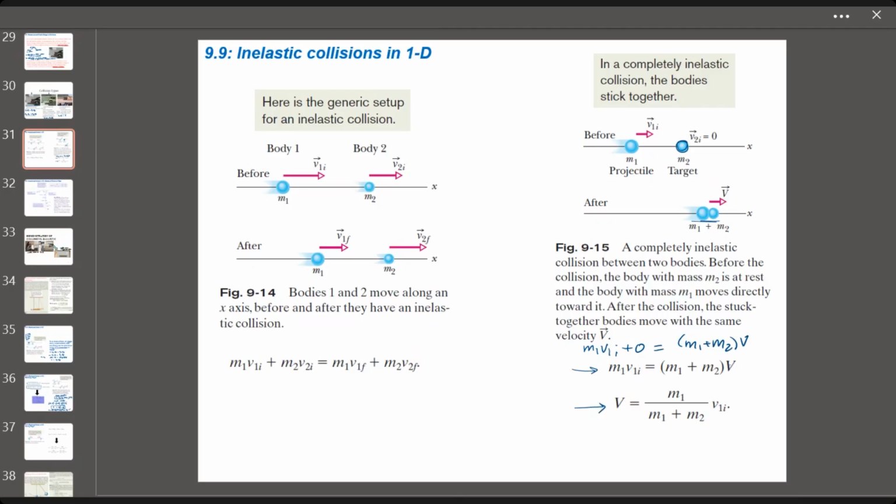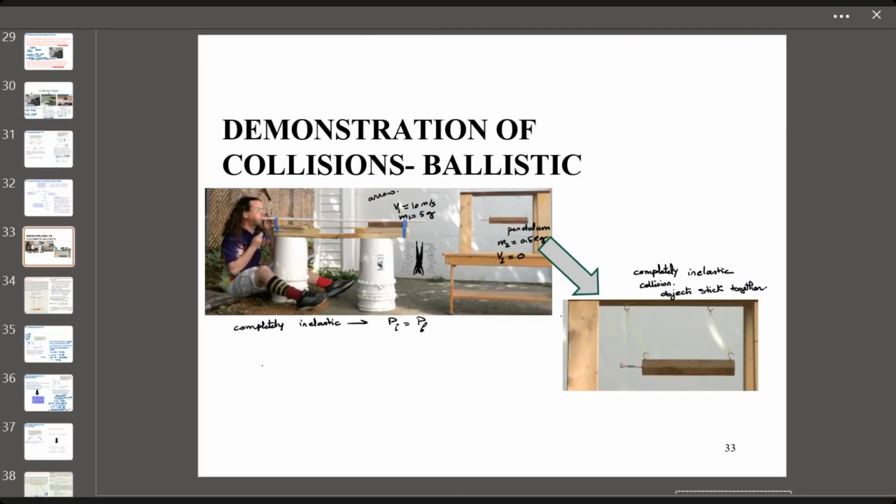One typical example of a completely inelastic collision is what we name a ballistic pendulum. In a ballistic pendulum, you shoot an arrow or an object towards a pendulum, and when the arrow hits the pendulum, it lifts it a little bit. Here, the pendulum has an initial speed 0.